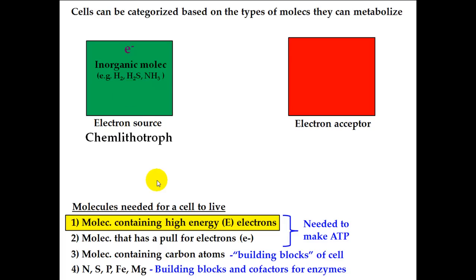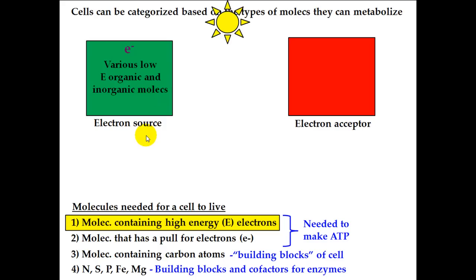One other category as far as electron sources are concerned is this. There are some cells that use various low-energy organic and inorganic molecules as their electron source. You might be wondering, how can a cell use something that has low energy to squeeze ATP out of it? Well, what these cells do is something kind of cool. They can take something that intrinsically has low energy and make it have higher energy by using the energy from the sun.